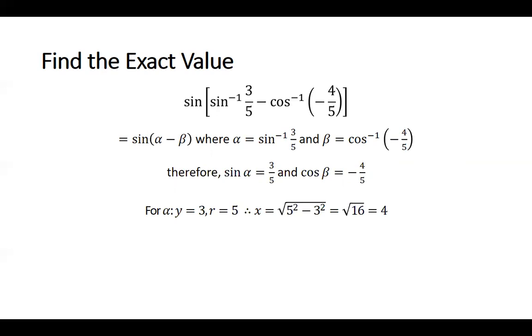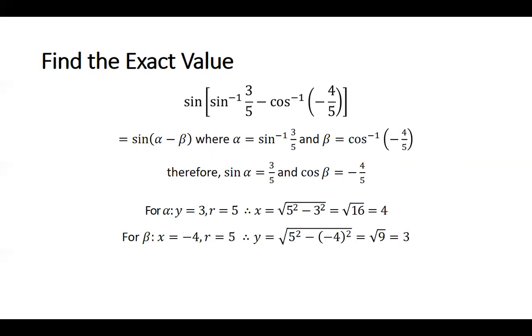Therefore, we know that if there's going to be a negative sign, it's got to come from x or y. If it stays positive, then y has to be positive. So we have y equal to 3, r equal to 5, and then using the Pythagorean theorem, x is equal to the square root of 5 squared minus 3 squared, or the square root of 16, which is 4.